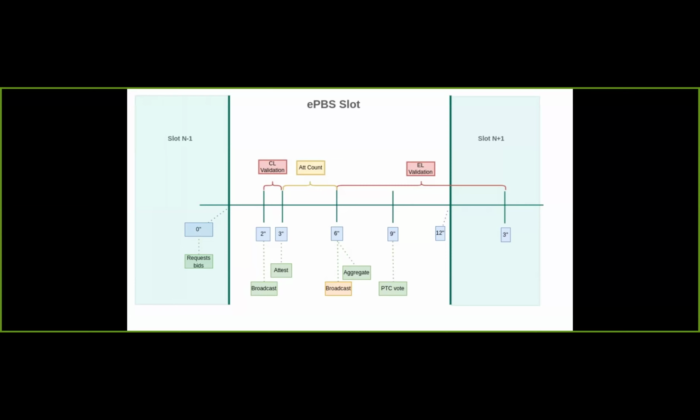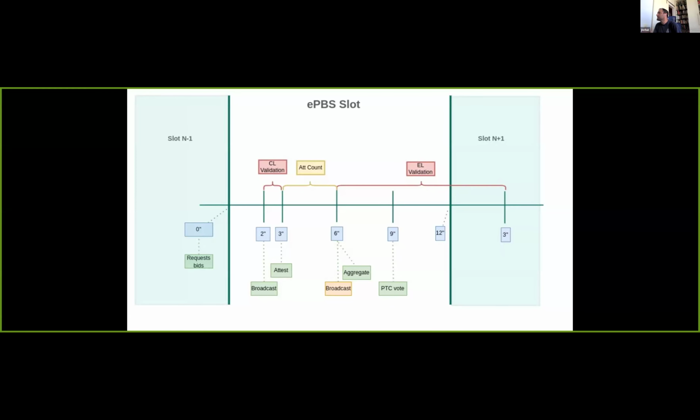Right. And just to clarify, the PTC committee is attesting to availability of the payload, not validity as well. Exactly. So that's why we need to validate it up to the next 3 seconds. So the PTC only says, I've seen the payload or not. And the PTC doesn't even wait for head, except when you have a different view from the majority of the network.